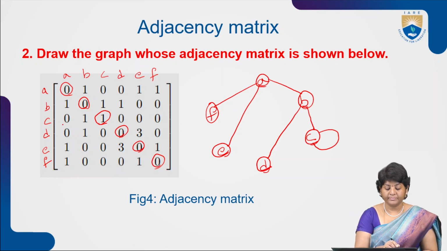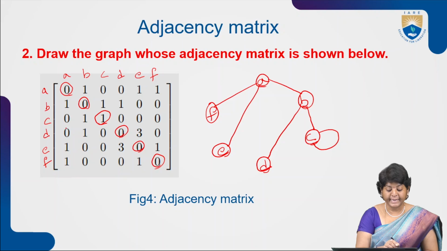Now C to A, there is no connection. C to B, there is a connection. C to C, a self loop is drawn. For the rest of the vertices, there is no connection. Next, D to A, there is no connection. D to B, there is a connection. For D to C, D to D, there is no connection.